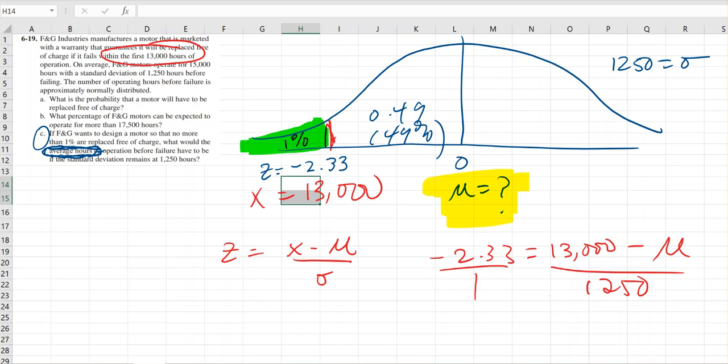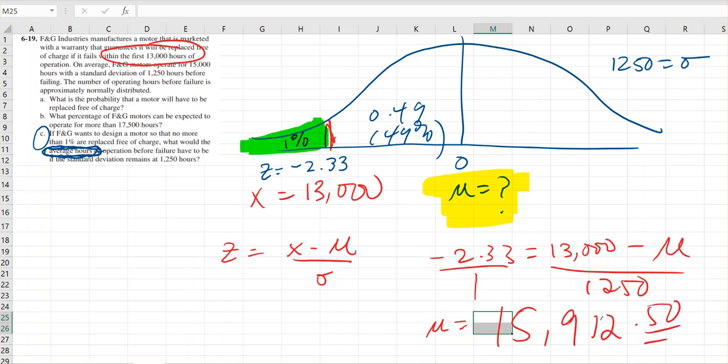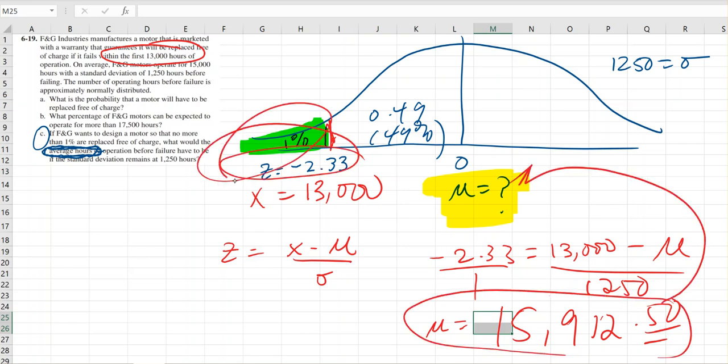Minus 13,000 and change the sign. So mu is equal to 15,912.5 hours. So about 15,913 hours, or 15,912 and a half hours, is what the average should be to make no more than 1%. And that's how you do that.